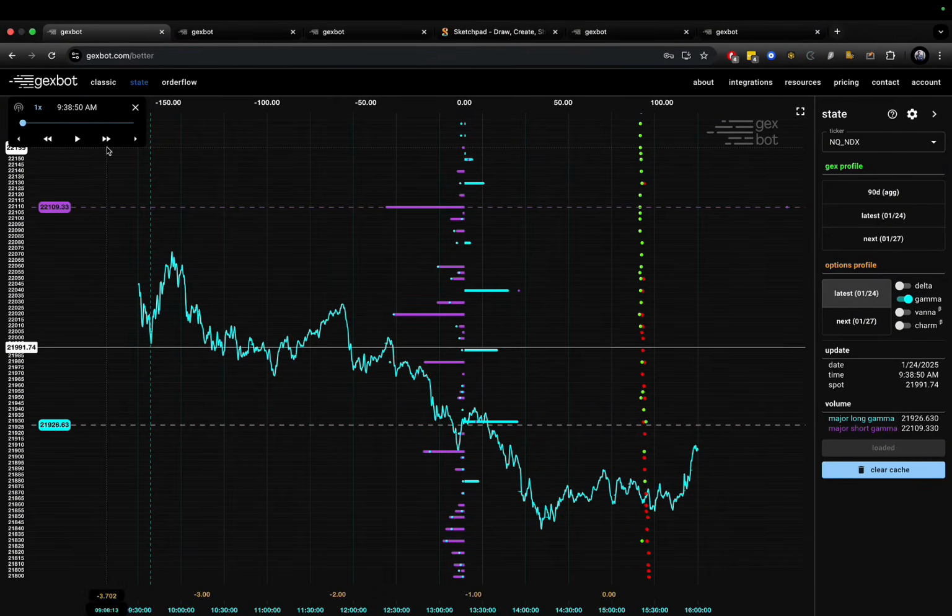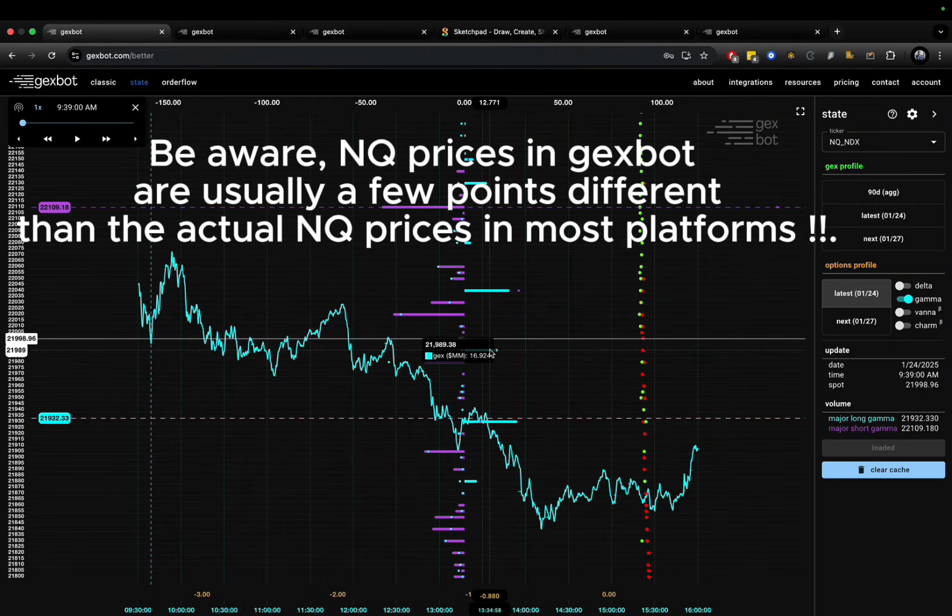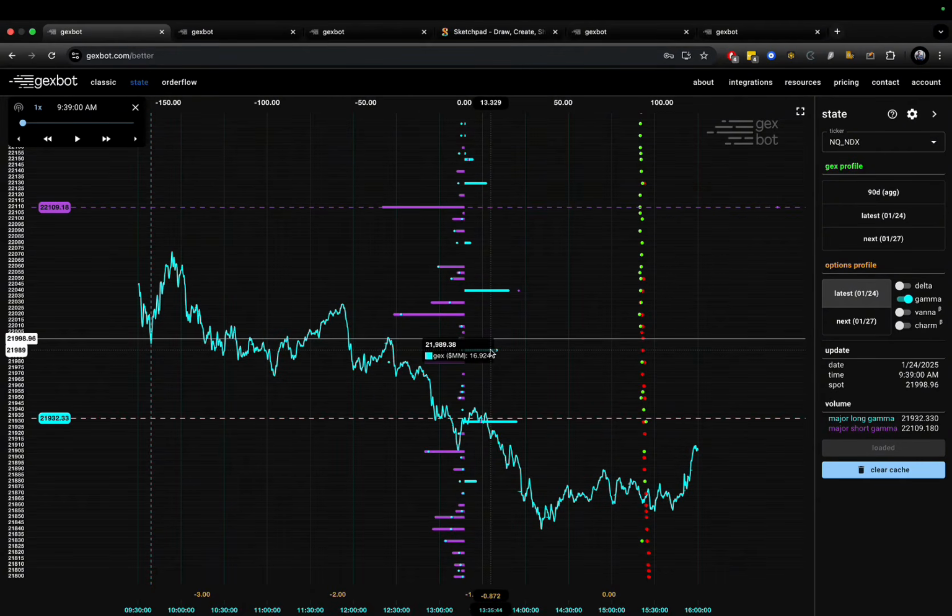Some support. So you see how these levels, this excess of gamma, the way I understand it is, don't look at it as, oh, is it the client, is it the market maker? No, it's an excess of gamma, right?